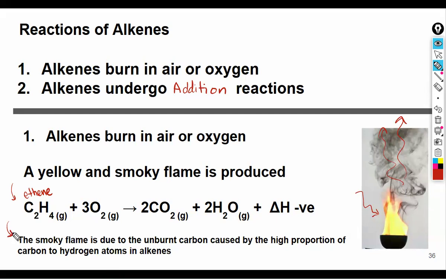Now, in the exam, I've seen this question asked already. If they ask you why you get a smoky flame and not a clean flame, it has to do with the ratio of carbon to hydrogen. You see all of this black dust in here? This is carbon, right? That black smoke you're seeing is actually carbon. It's like excess carbon. Let me give you an example.